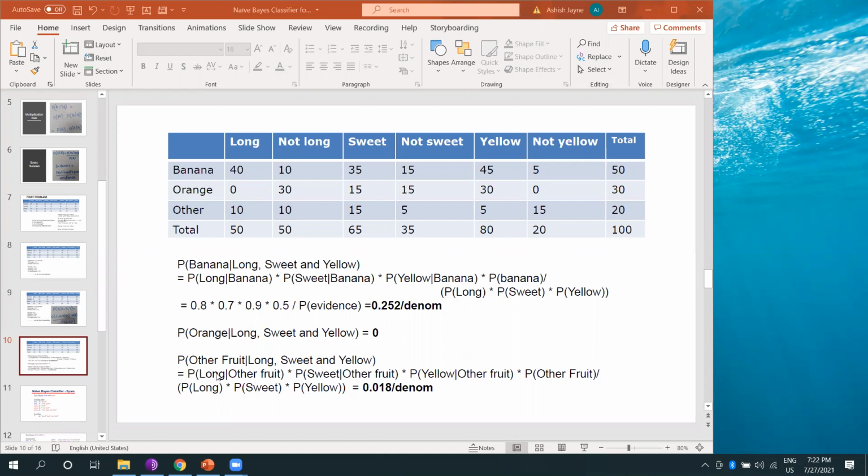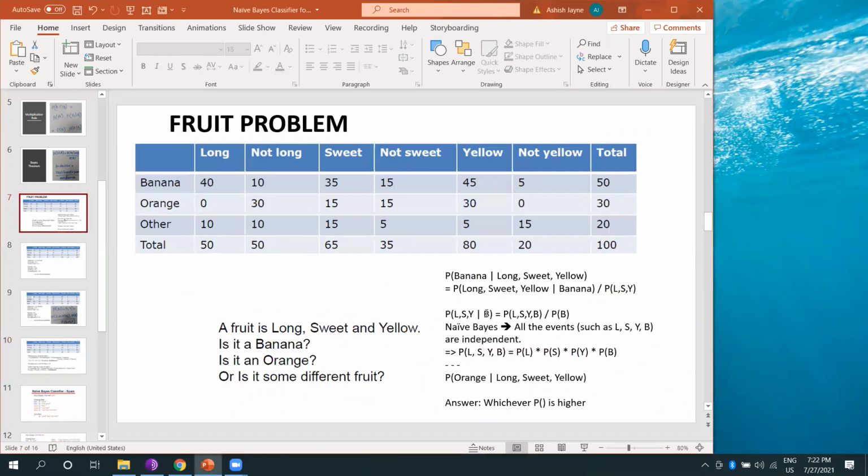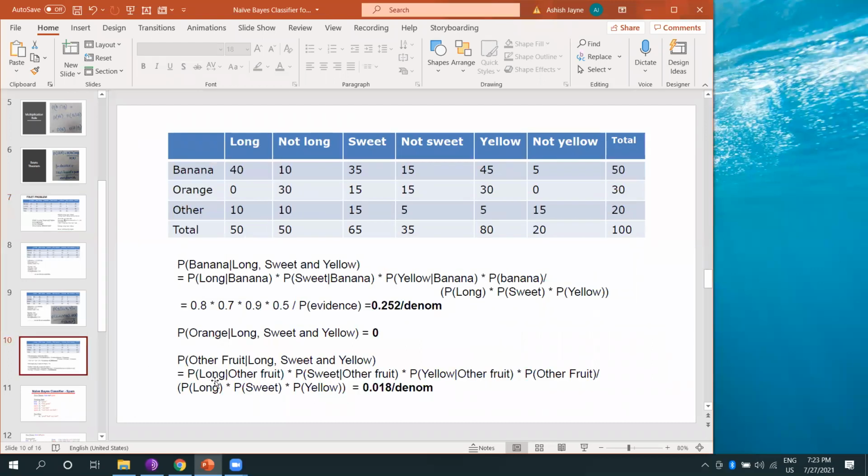Now what is the probability that it is other fruit given long, sweet and yellow? Then we have to again use the same equation we derived over here. Because we know that the probabilities are independent, we use this equation: P(long | other fruit), P(sweet | other fruit), P(yellow | other fruit), P(other fruit), divided by P(long, sweet, yellow).